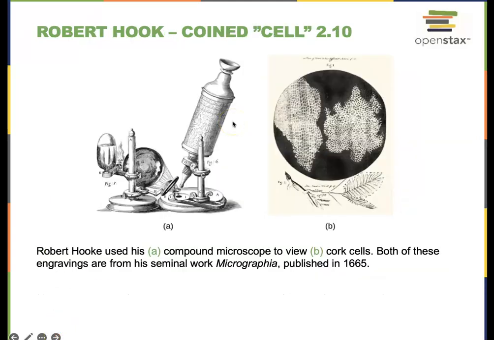Robert Hooke was a man who used a compound microscope. So the microscope has changed and evolved a little bit, and he was able to see how living things all had individual units, and he called them cells. Cells really referring to the rooms of a monastery, basically dorm rooms that were called cells.